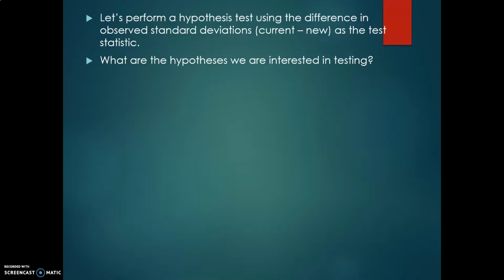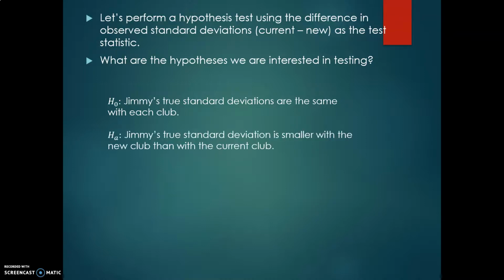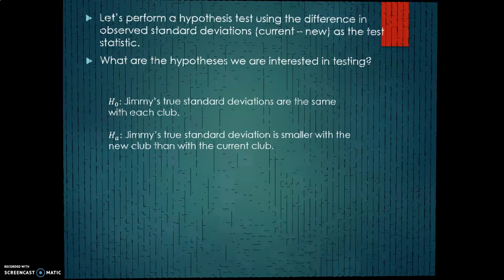There's always two parts to a hypothesis test. The null is always that nothing changes, so the null hypothesis would be that Jimmy's true standard deviations are the same with each club. And then the alternative is what we think is going to be true, and that's that Jimmy's true standard deviation is smaller with the new club than with the current club, because we said it appears as though those are grouped together better.